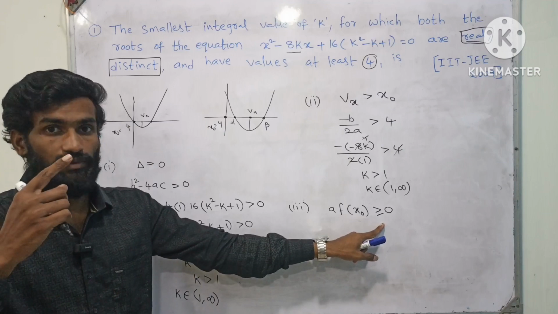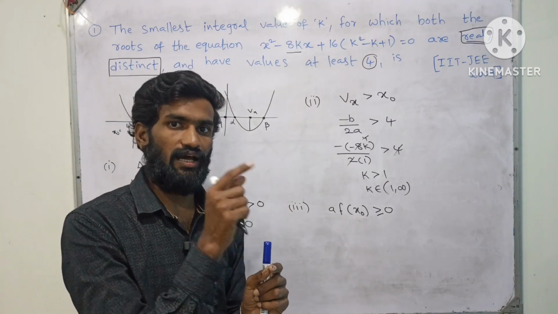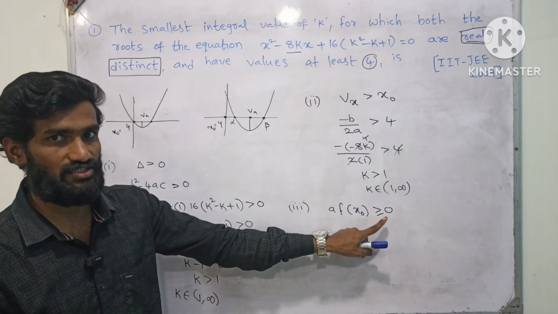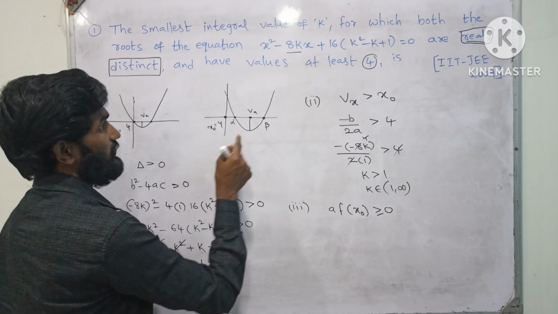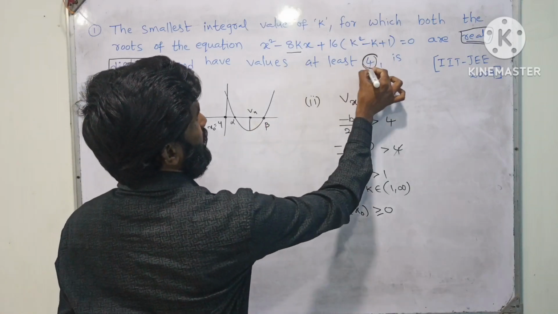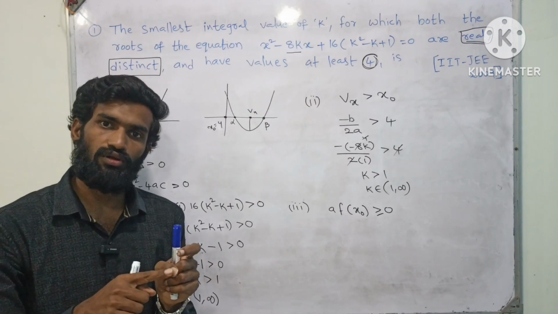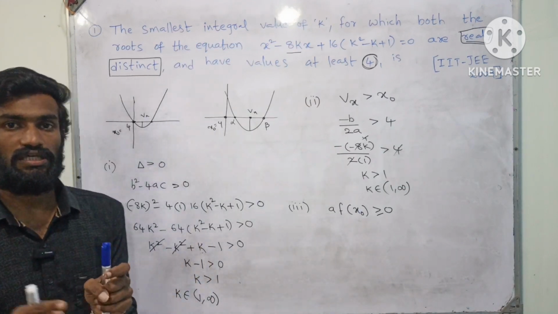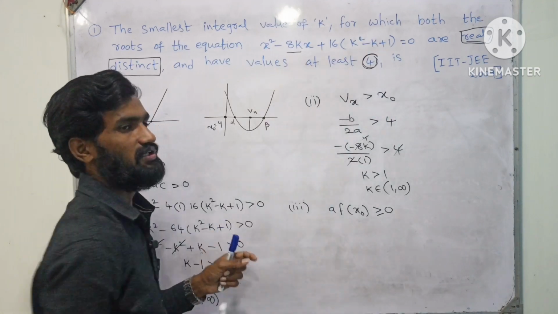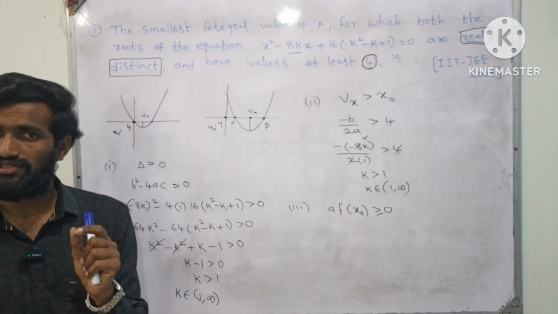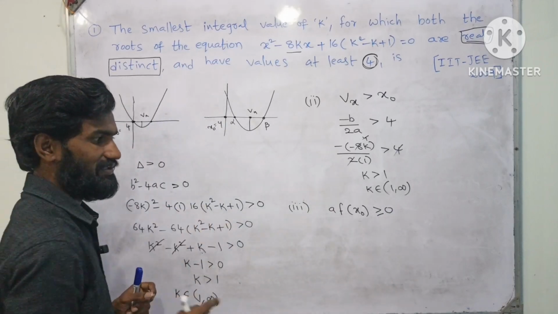While discussing the condition in the concept, we took only greater than 0. We consider greater than or equal to here because it says at least 4, meaning the root may be 4 also. If the root is 4, then if I substitute it in the given quadratic equation, I will definitely get the value 0. That's why we considered greater than or equal to 0 here. Keep this in mind.